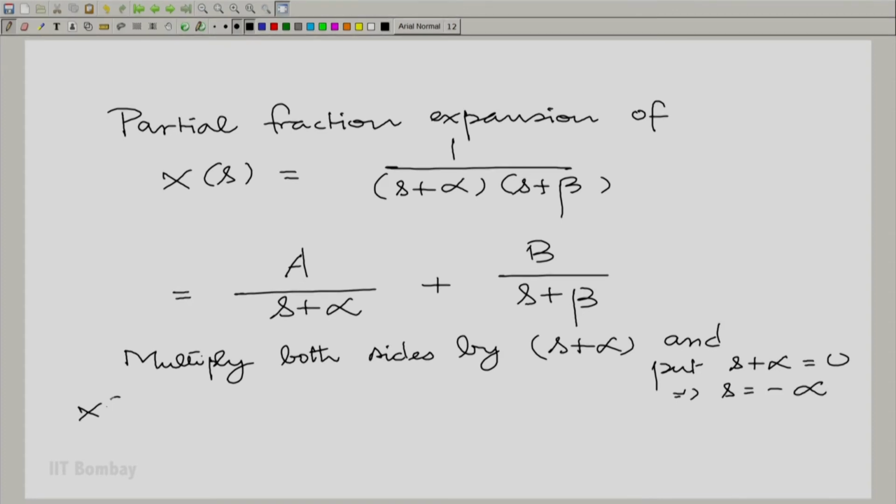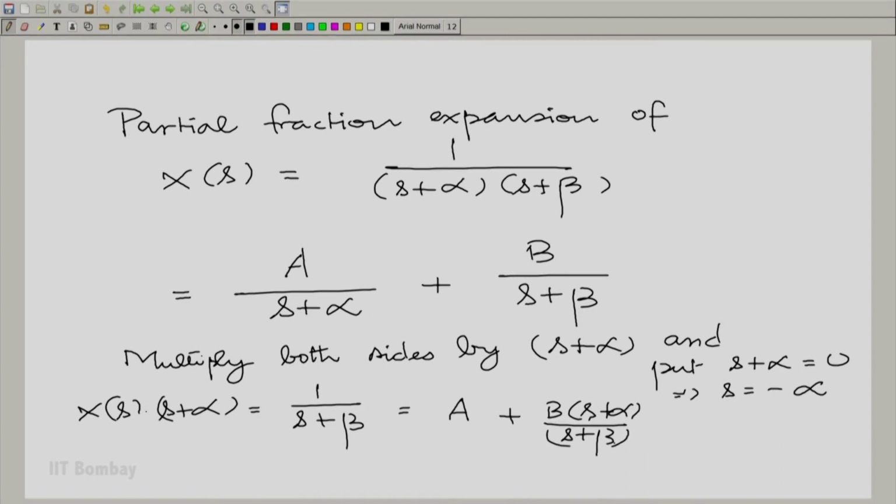So, you get X(s) multiplied by s plus alpha is 1 by s plus beta, and this should be equal to a plus b into s plus alpha by s plus beta, and when you put s plus alpha equal to 0, or s equal to minus alpha, this term vanishes and this term survives, and here you get minus alpha in place of s.